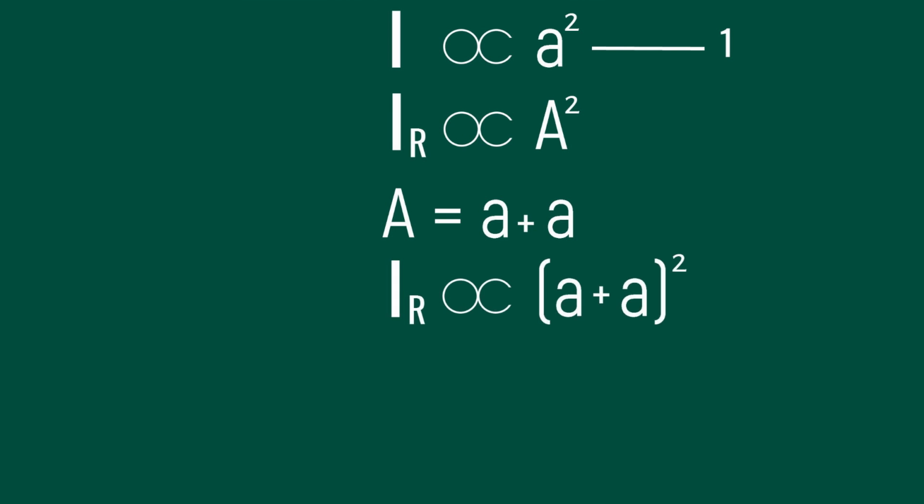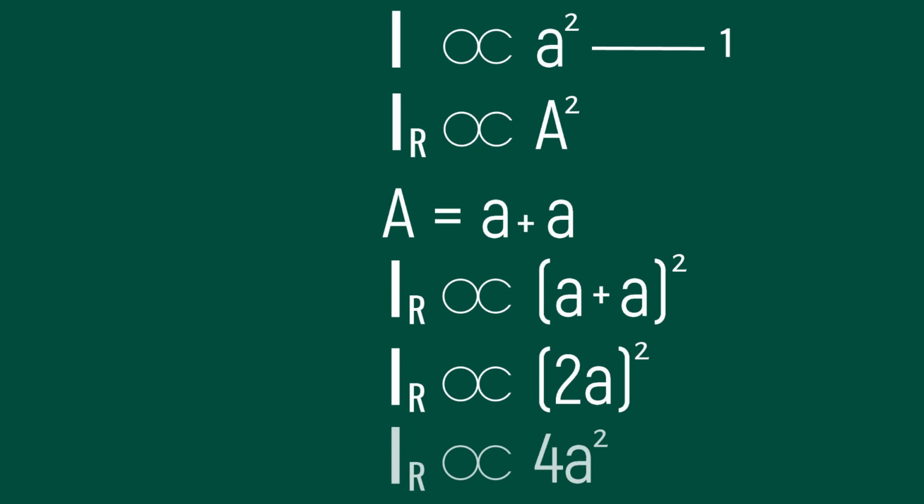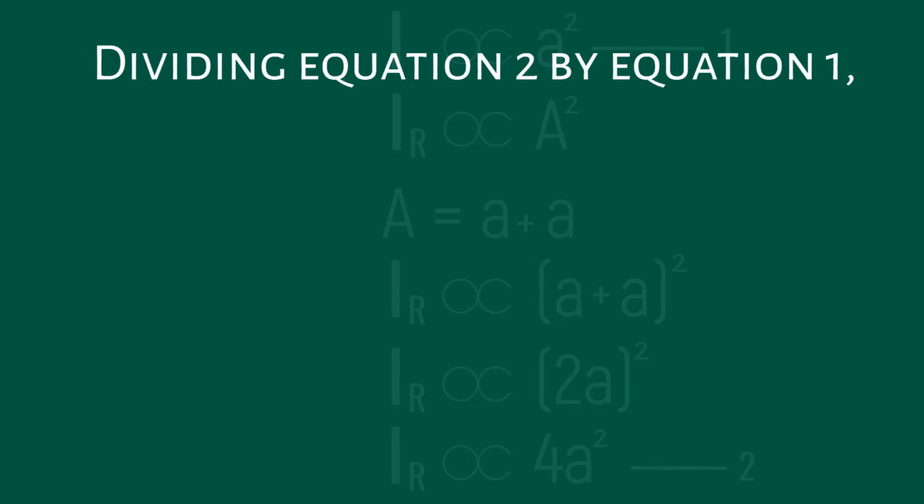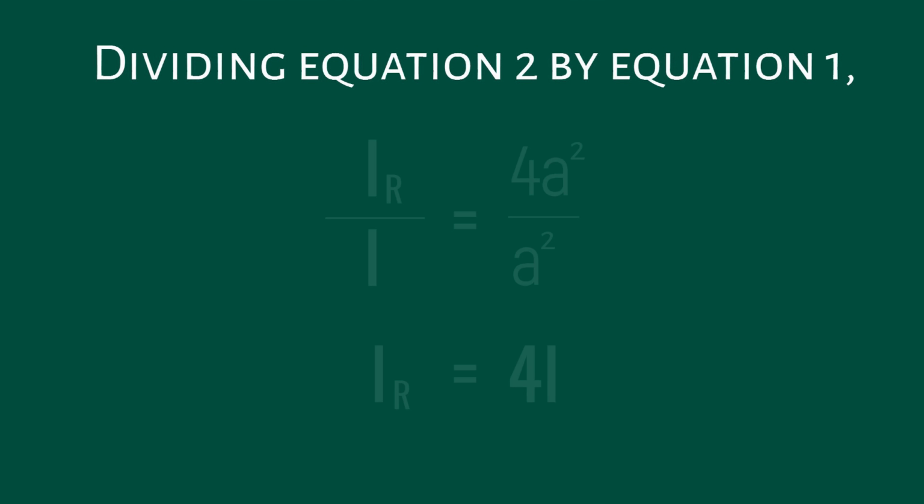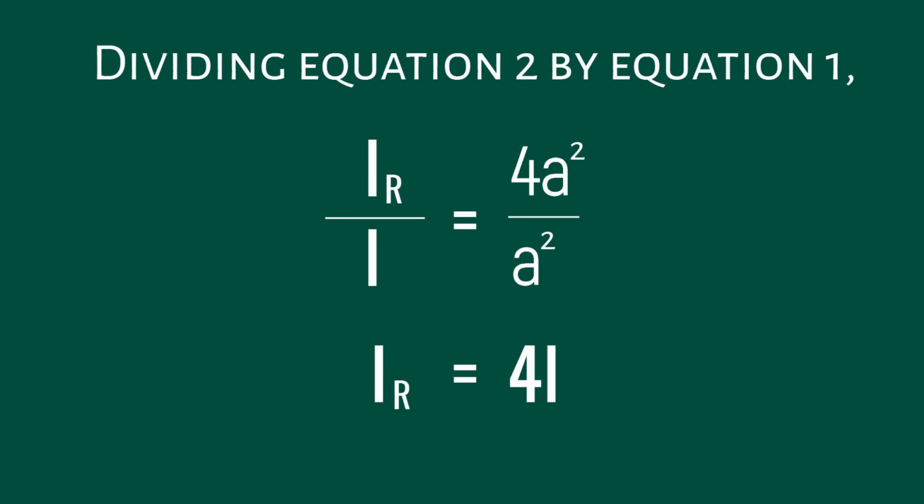Therefore, IR is directly proportional to (A plus A) the whole square, which gives you (2A) the whole square. Therefore, IR is directly proportional to 4 times A square. Let's take this as equation 2. Now, dividing equation 2 by equation 1, we get IR divided by I equals 4 times A square divided by A square.